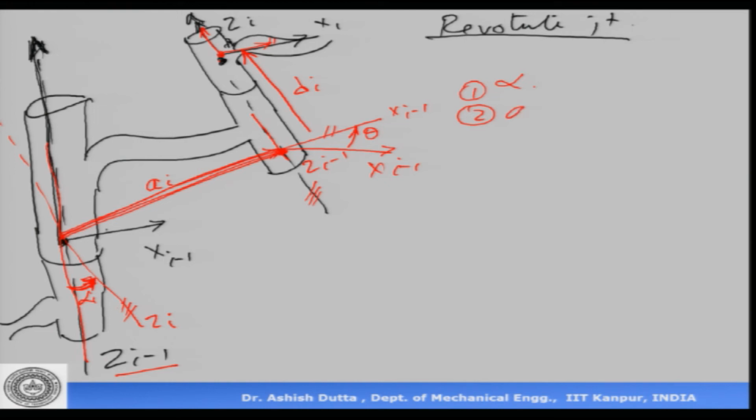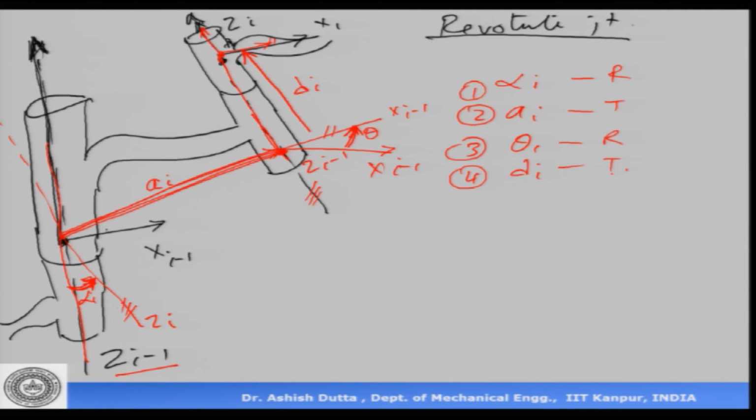Then we rotated by an angle theta. So, the third transformation is theta i. We rotated the x axis by an angle theta and made it parallel to x i, and then the fourth one is we moved the origin by a distance d i and brought it here. So, these are the four parameters, the four transformations that we carried out. This is a rotation, this is a translation, this is a rotation, and this is also a translation.